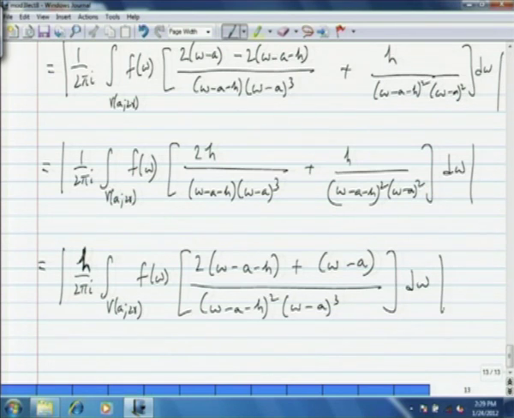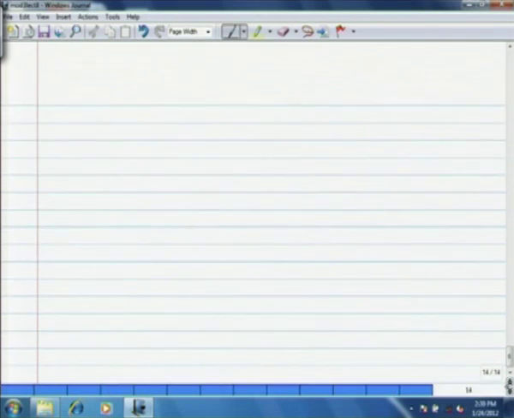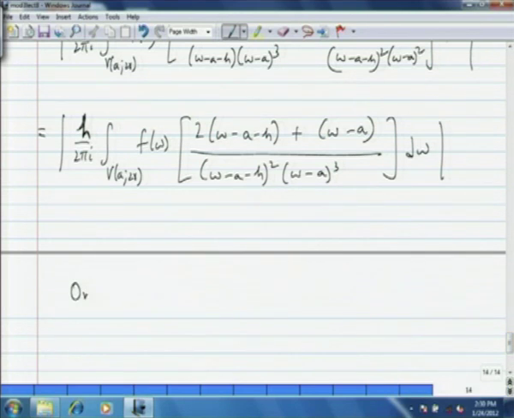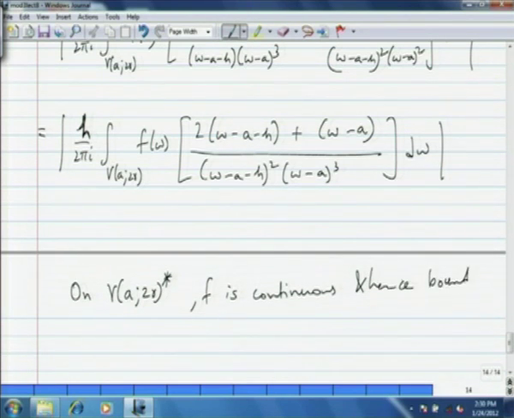So, after all that ordeal, we can use the estimation theorem now, and say that on gamma a to r star, f is a continuous function, and hence bounded in modulus, like the proof of the previous theorem.